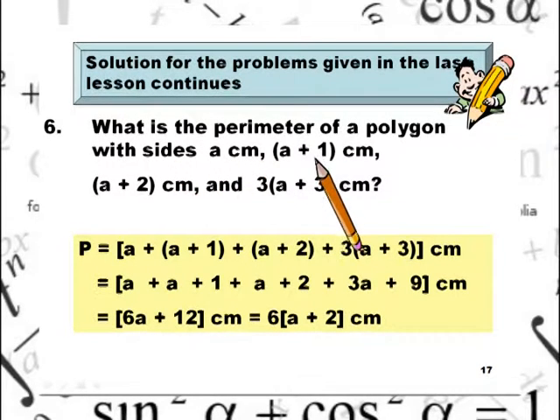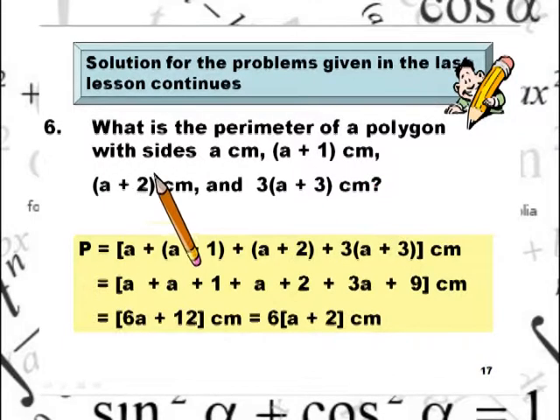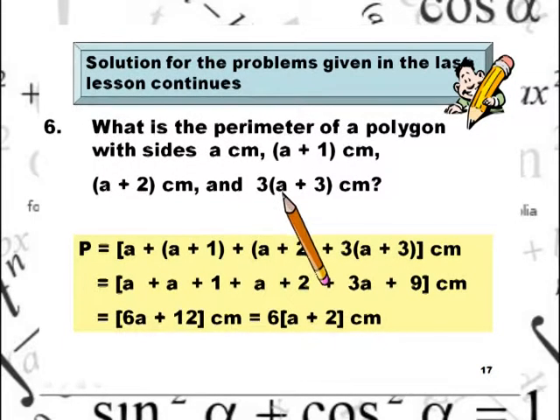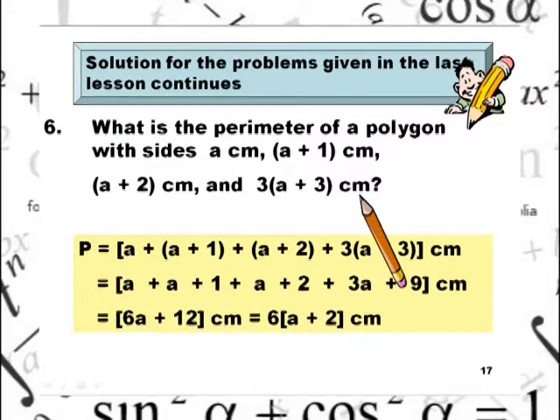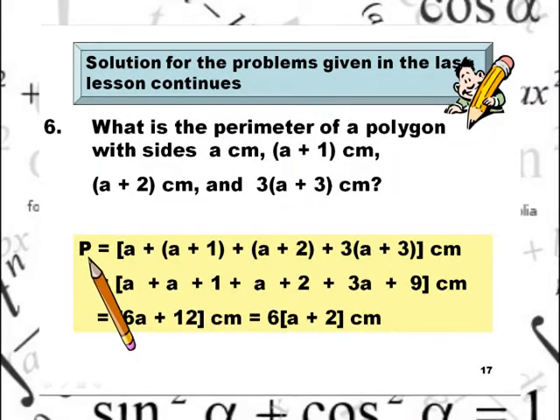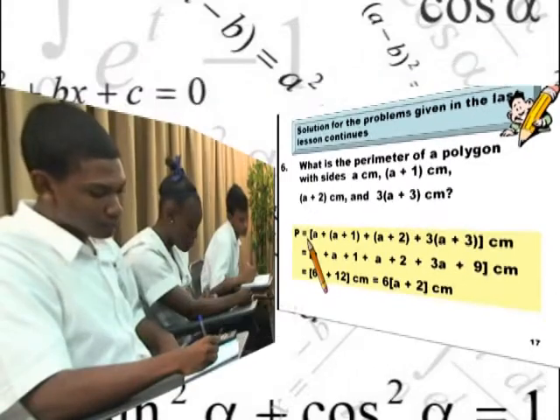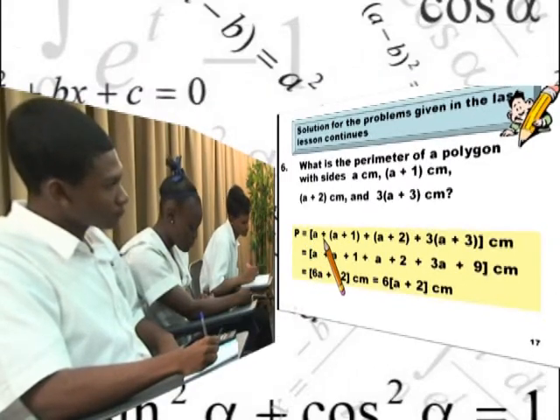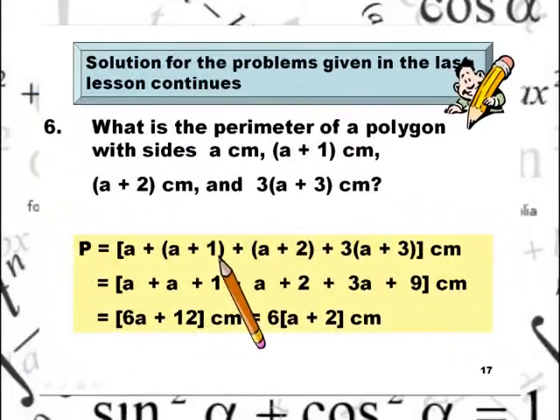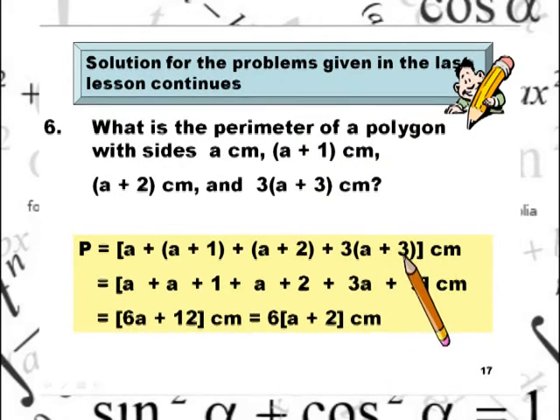6. What is the perimeter of a polygon with sides A cm, A plus 1 cm, A plus 2 cm, and 3 into A plus 3 cm? Perimeter P is equal to the sum of A plus A plus 1 plus A plus 2 plus 3 multiplied by A plus 3 cm.